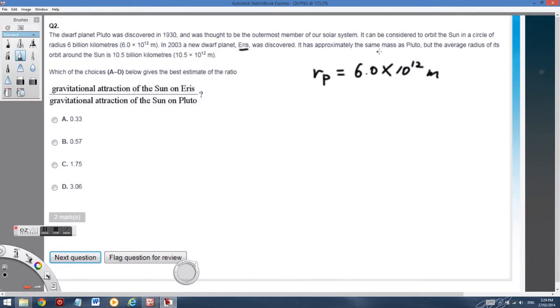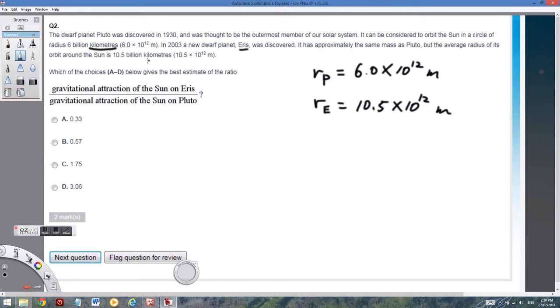The radius of planet Eris orbiting the Sun, I name it RE, will be 10.5 times 10 to the power of 12. Sorry guys, I made a mistake.